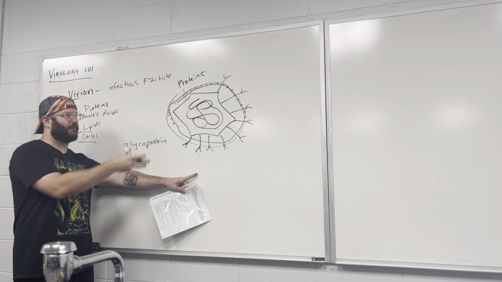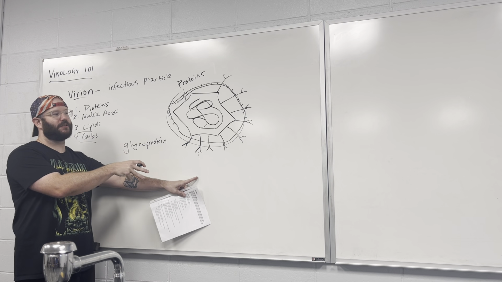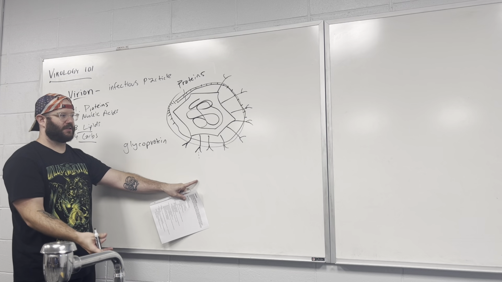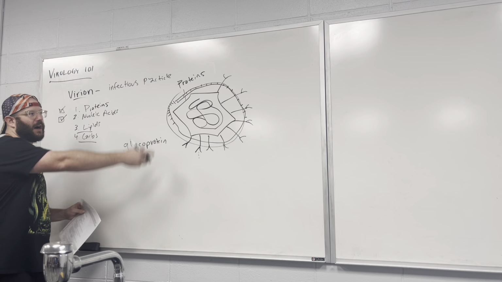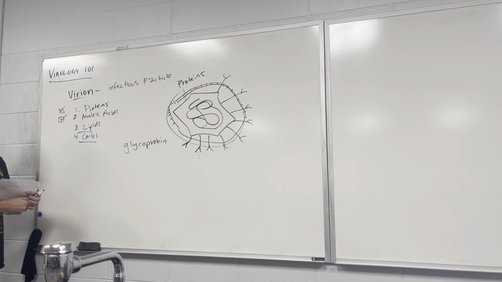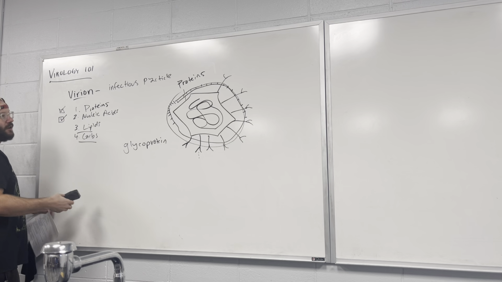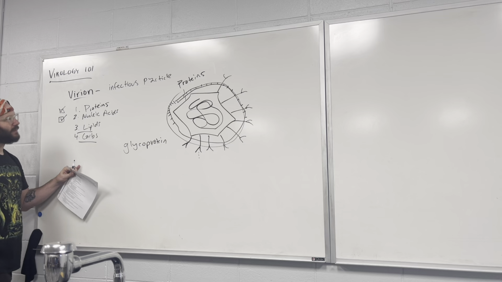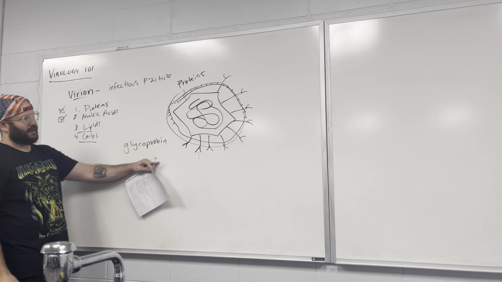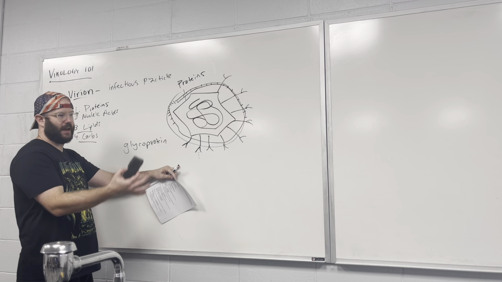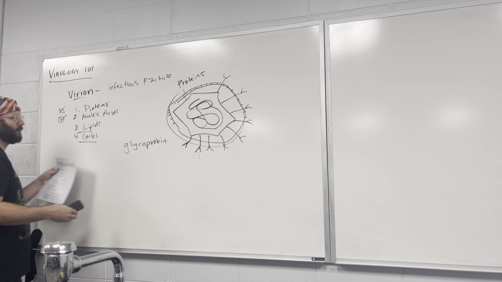That's how viruses evolve to infect certain tissues versus others, by evolving a sensory mechanism on the outside of their virion. So this is a virion, and it is completely capable of invading a cell and replicating.